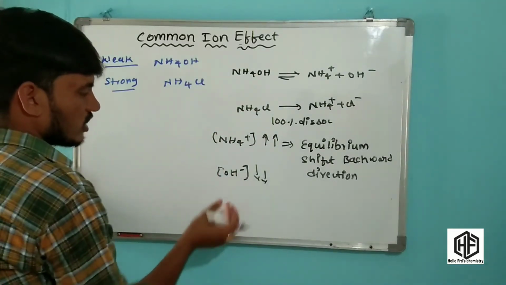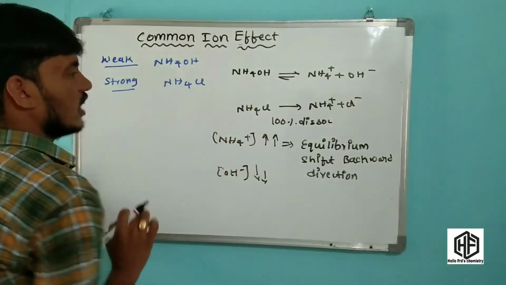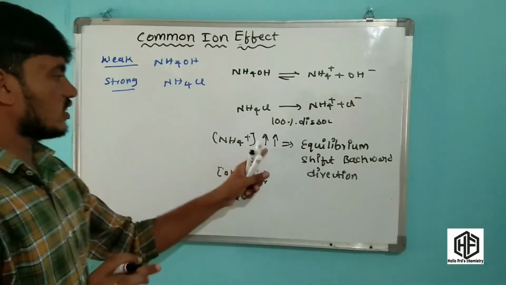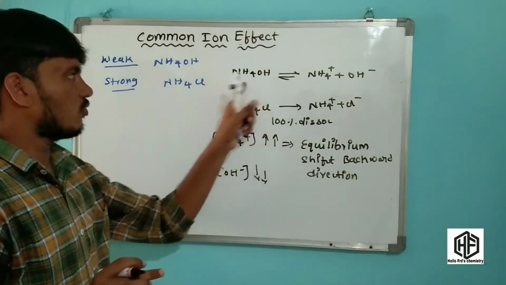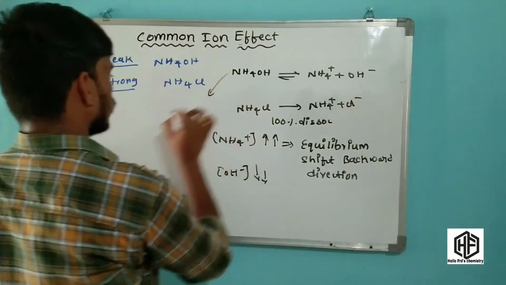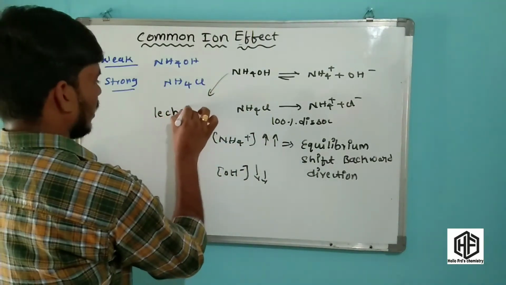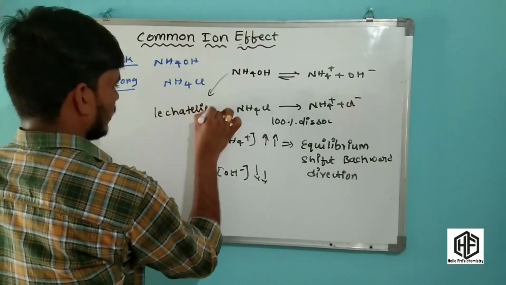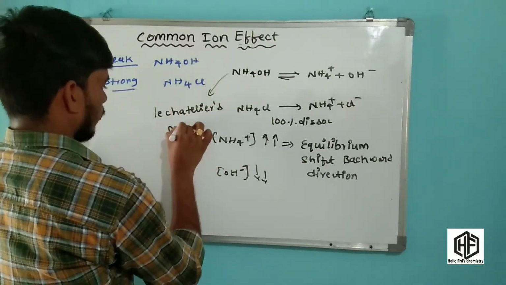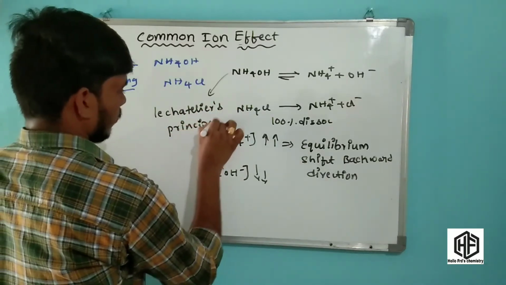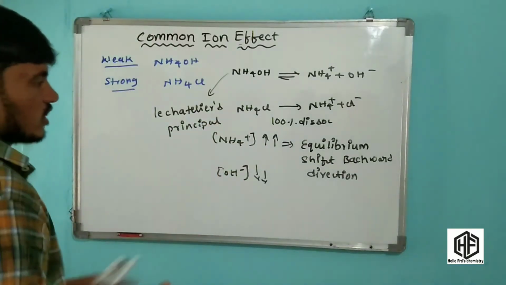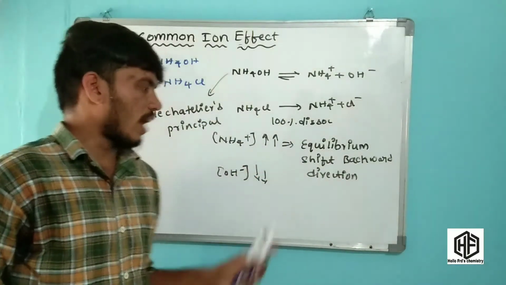Now the OH minus ion concentration decreases in this case. NH4 plus concentration increases. It means that it follows the Le Chatelier principle. NH4 plus concentration increases, equilibrium shifts in the backward direction.